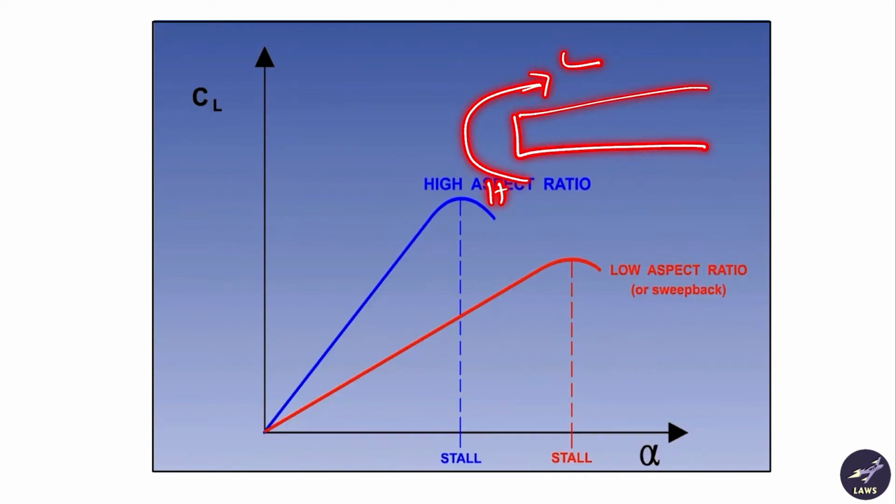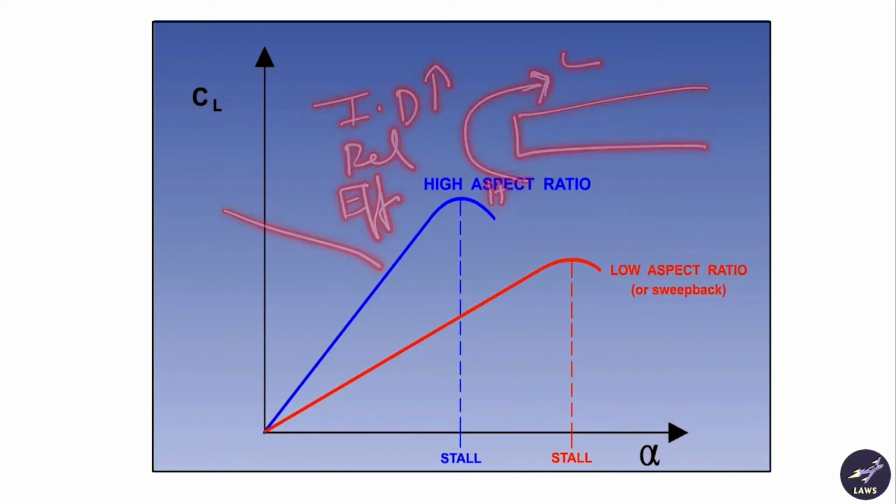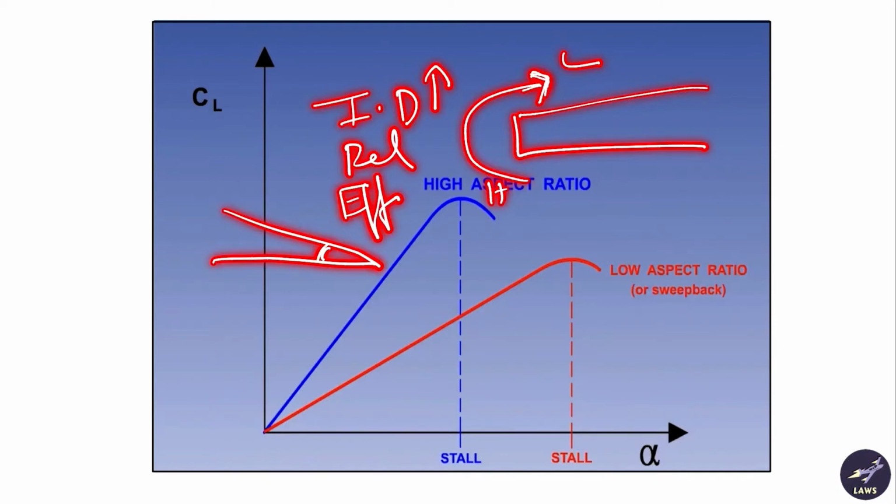Since more airflow is going, you will have greater wingtip vortices, which will have an effect of induced downwash. As induced downwash increases, the relative airflow becomes effective airflow, and the angle of attack reduces.